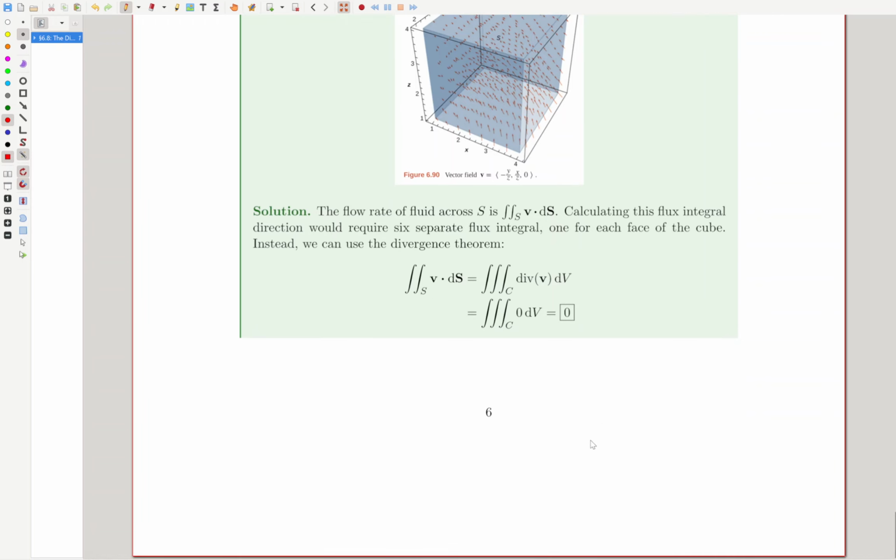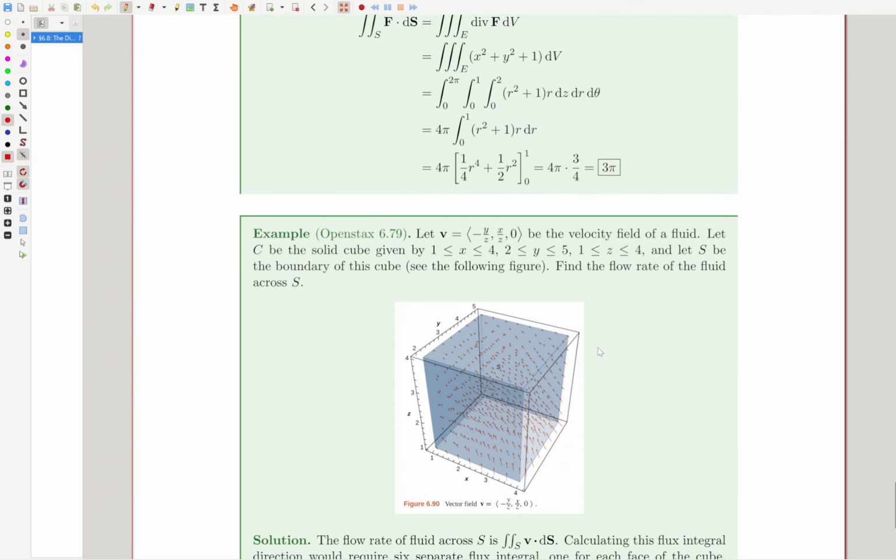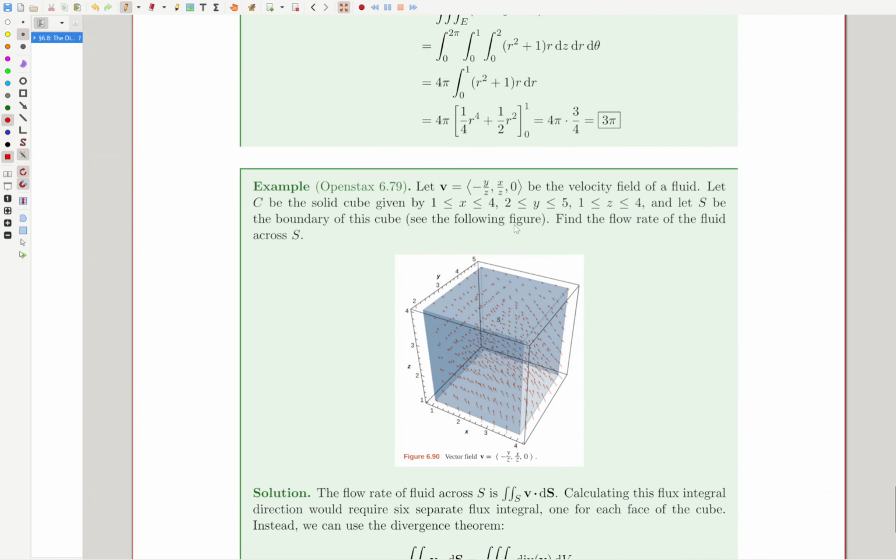So that's the end of the notes, but I'll elaborate a little bit more, because the book does and I didn't write it down.